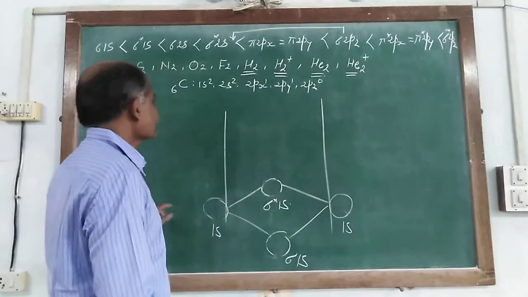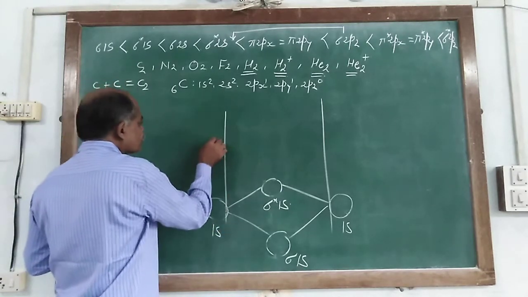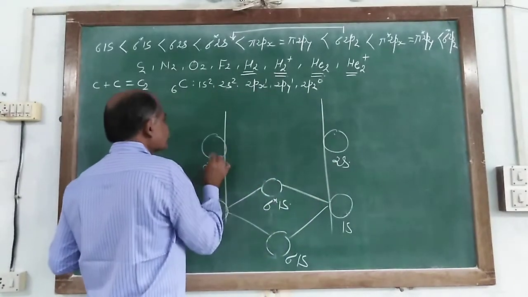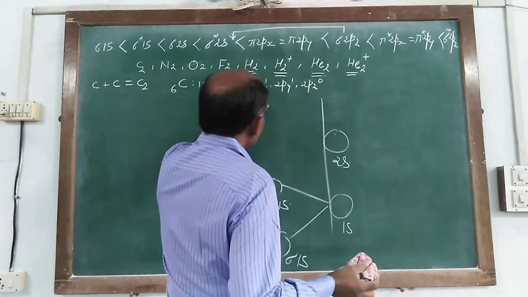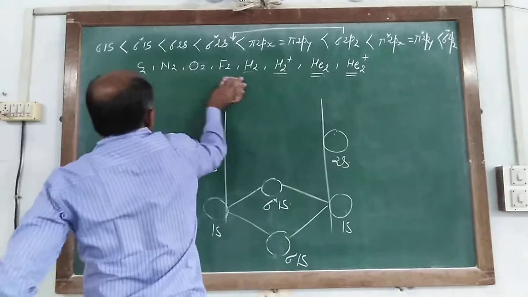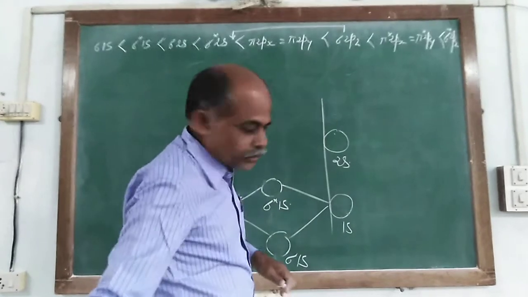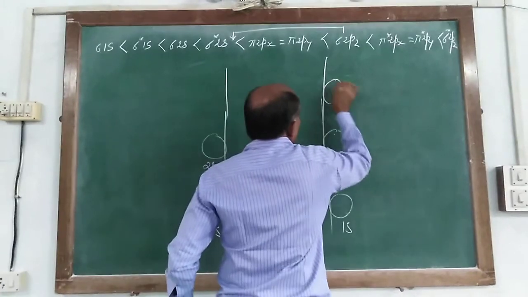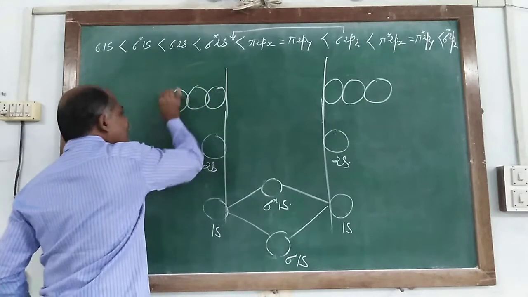Here we write the 1s, then the 2s, and another 2s, and the 2px, 2py, and 2pz.